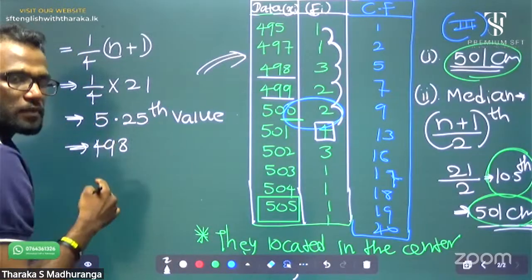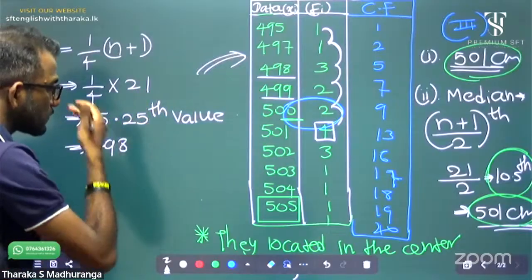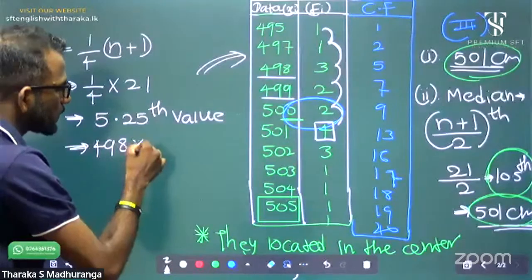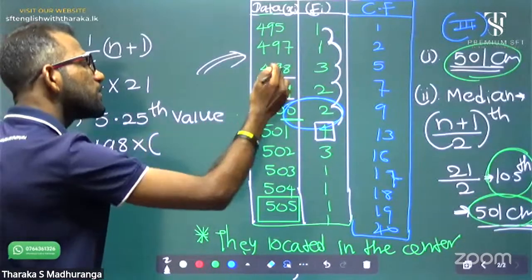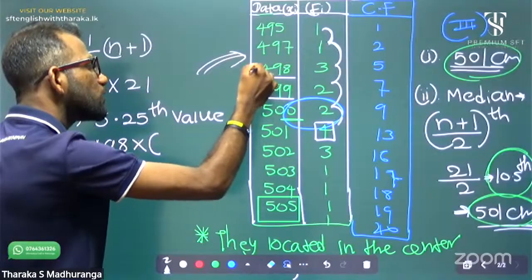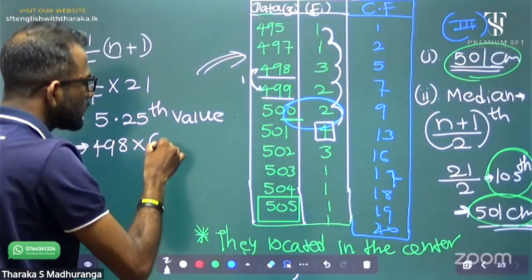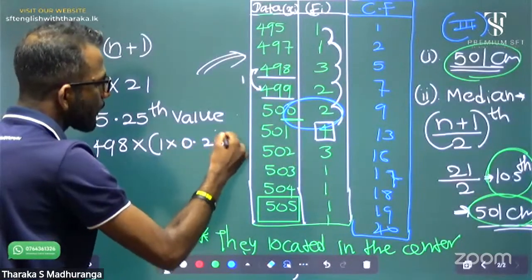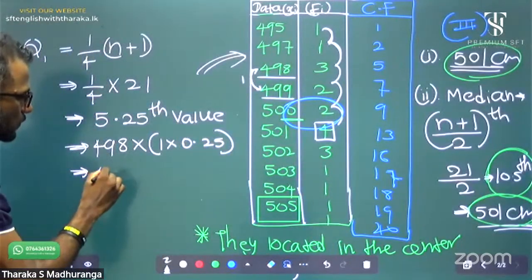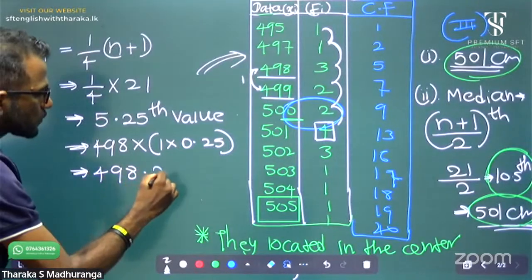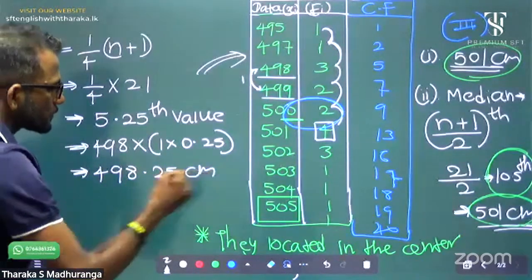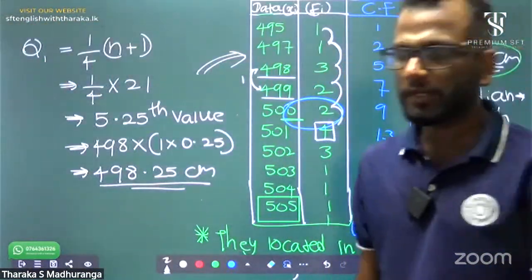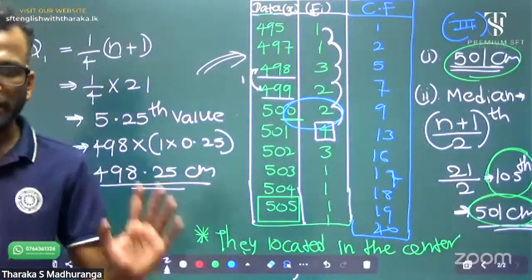It is the same method I explained in simple frequency distributions. 498 plus the gap, 498 to 499, only one gap, multiplied by 0.25. That gives 498.25 centimeters. Is that clear?